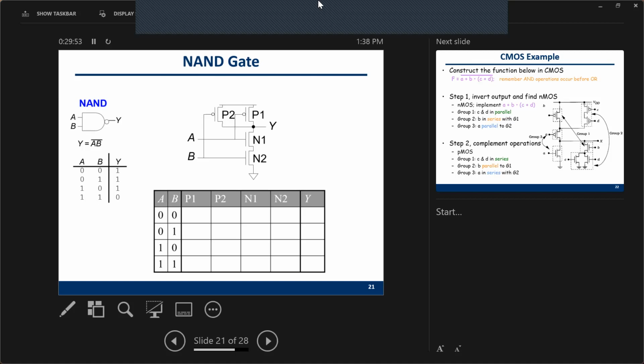And for the last row, neither P2 nor P1 can be closed, but these 2 NMOS will be closed. So the ground will pass a 0 to Y. And for the last row, we have a 0 here.